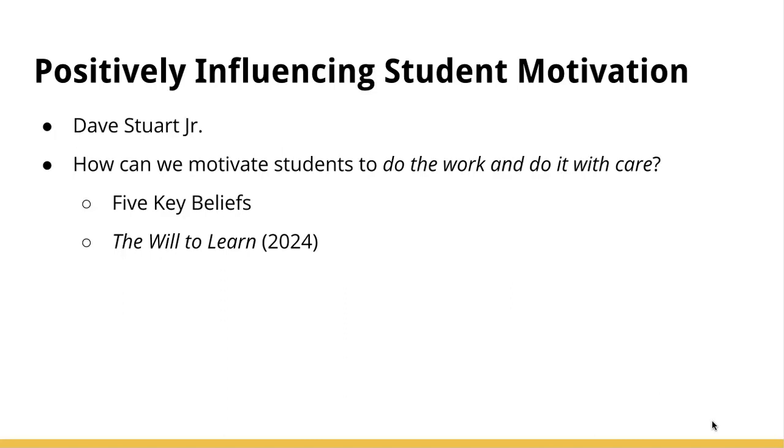The writer who's been doing a lot of this work that I have encountered is Dave Stewart Jr., and he's actually a high school teacher. As a high school teacher, he is encountering a lot of very challenging motivational situations.